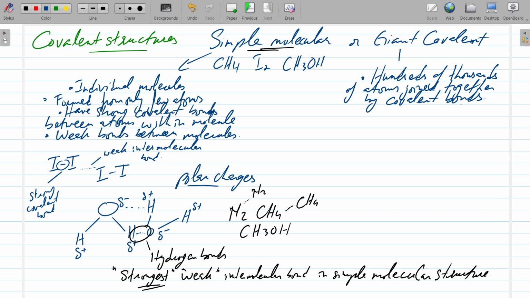An example of that is carbon, forming diamond, or the other example that they've given is silicon, silicon 4 oxide.